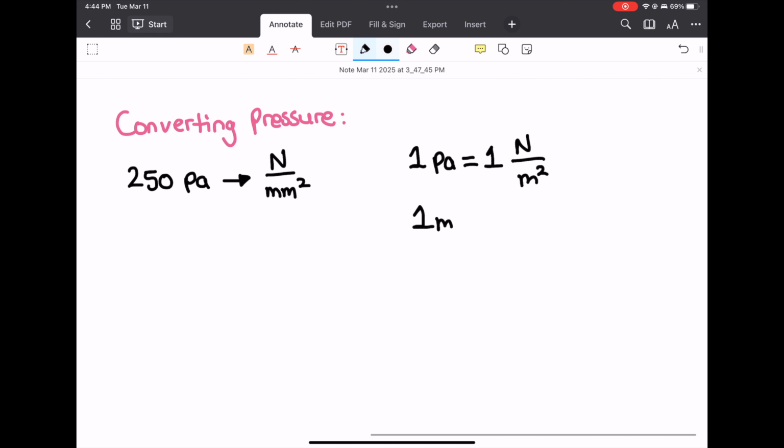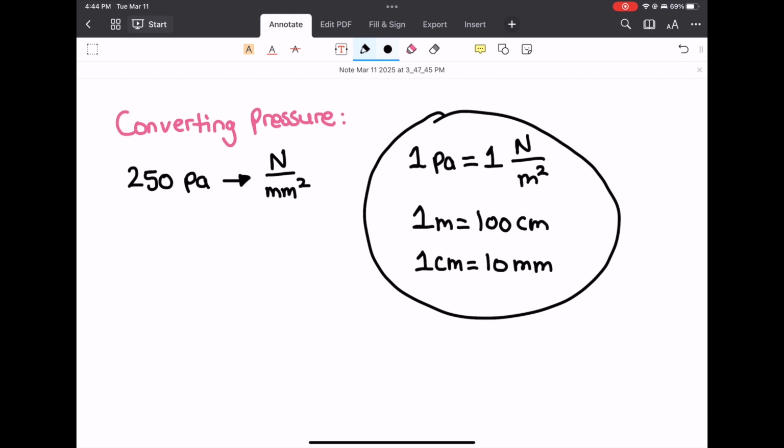We know that 1 meter equals 100 centimeters. Centimeters is still not the same as millimeters, so let's add in another conversion factor. We know that 1 centimeter equals 10 millimeters.